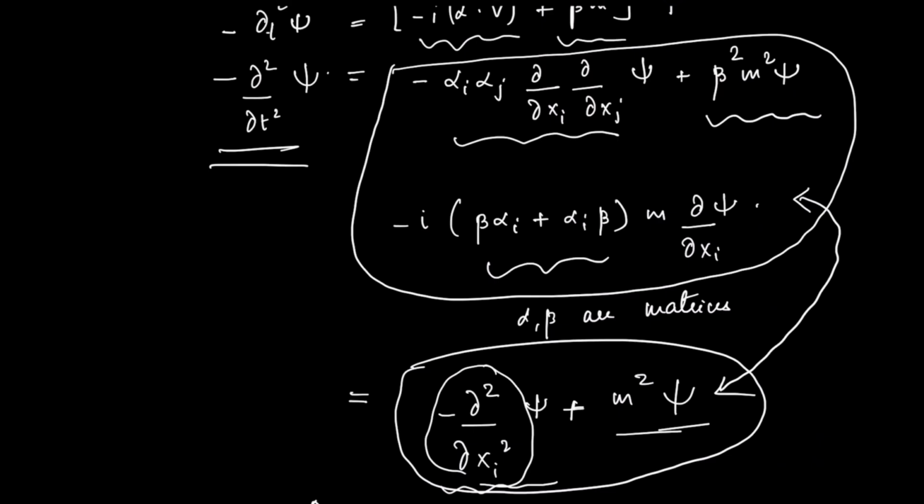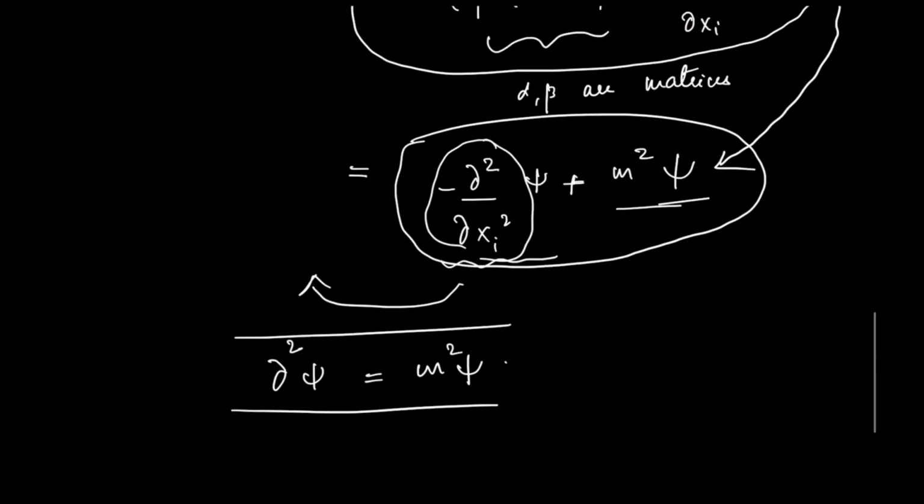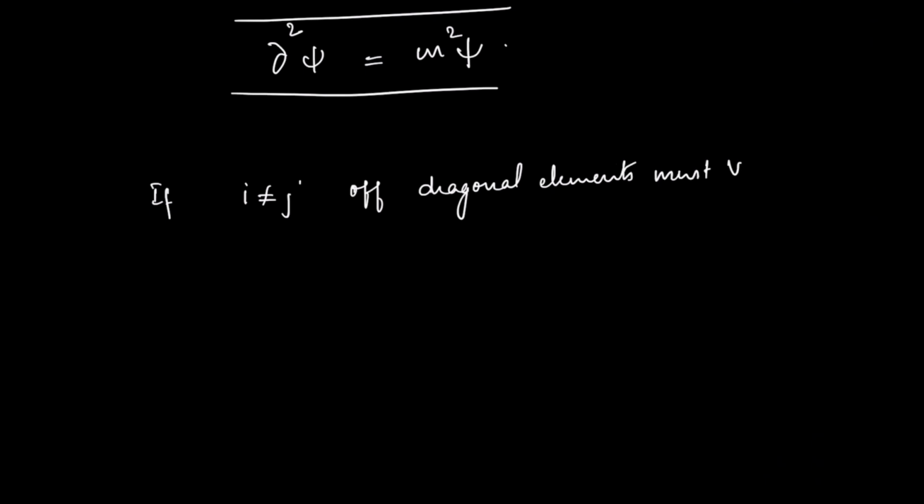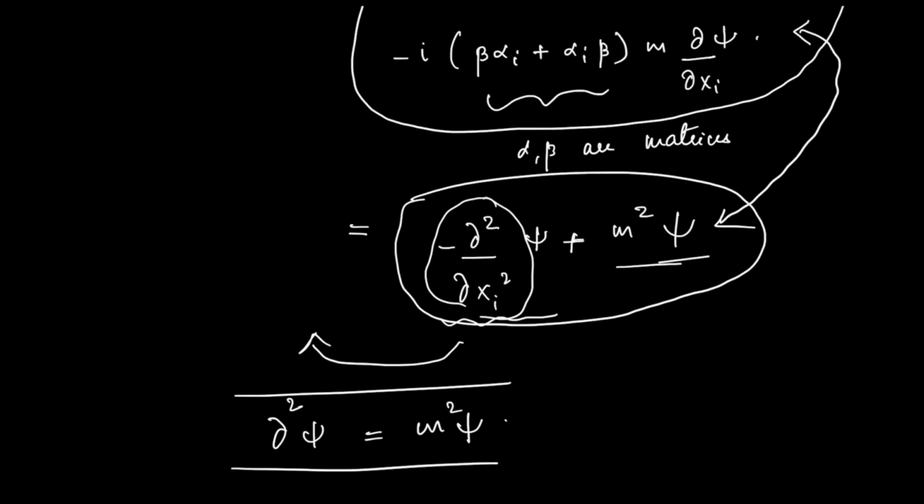Okay, so by comparing these two expressions, if i not equal to j, right, then the off diagonal elements must vanish, because you don't have any off diagonal elements, you have only the xi term.